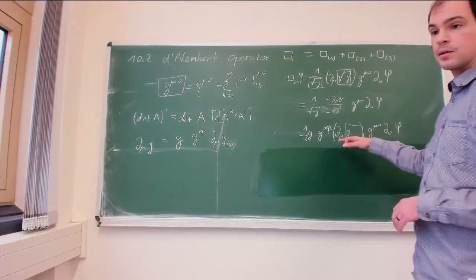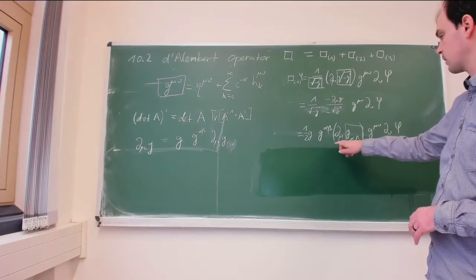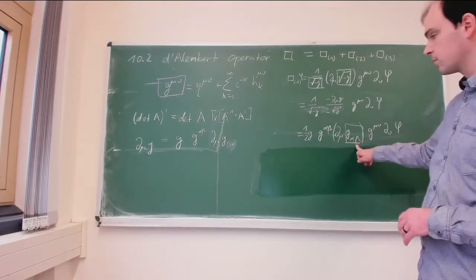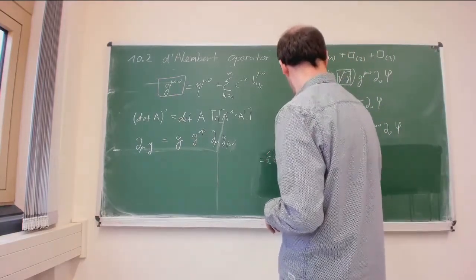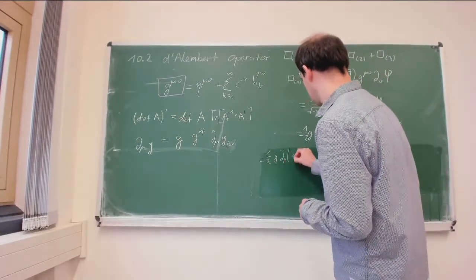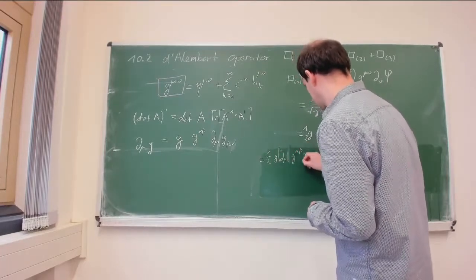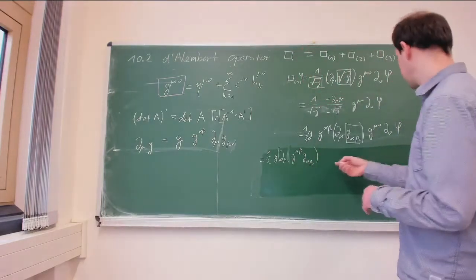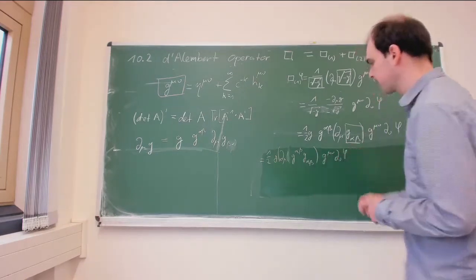Now we can rewrite this in the following way. Instead of the derivative acting just on the g alpha beta, we let the derivative act on both of those. So let's write this as 1/2 g d mu of g alpha beta g mu nu d nu phi.